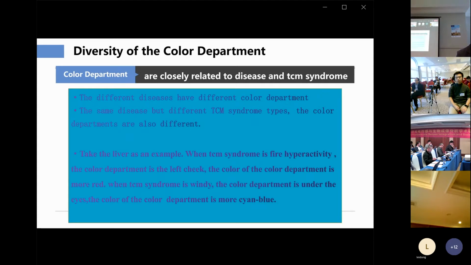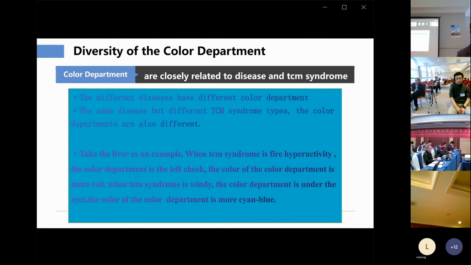TCM will define syndrome types by the meridians, the qi and blood, the organs, and all the symptoms reflected by the theory together, to do the classification of the TCM syndrome types. So actually, they have a totally different understanding of one disease.